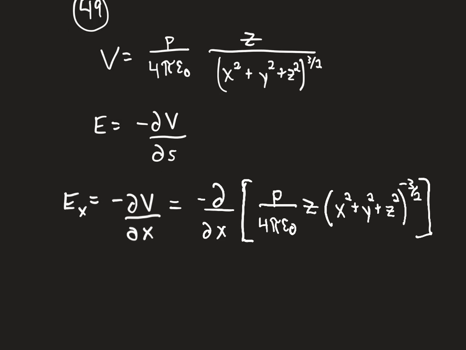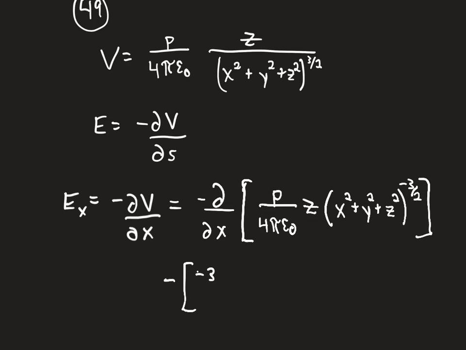So when I'm taking this derivative, I need to follow, oh gosh, what's the rule for something raised to a power? How do I take the derivative of something raised to a power? Chain rule. How does the chain rule work? I take whatever my exponent is. My exponent comes out front. So bring your exponent out front. I've got a negative in front of the derivative.